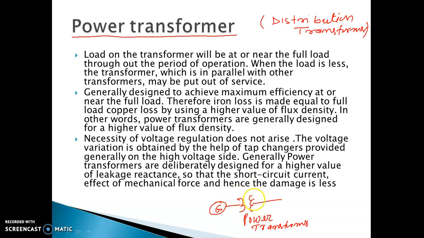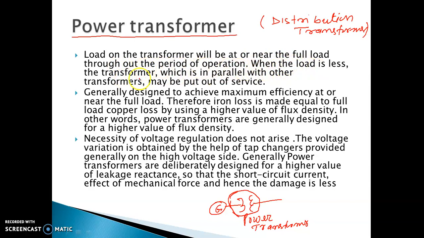Full load means this transformer has the capacity to withstand the full load effect, and 24/7 it is operating at full load, throughout the period of operation.